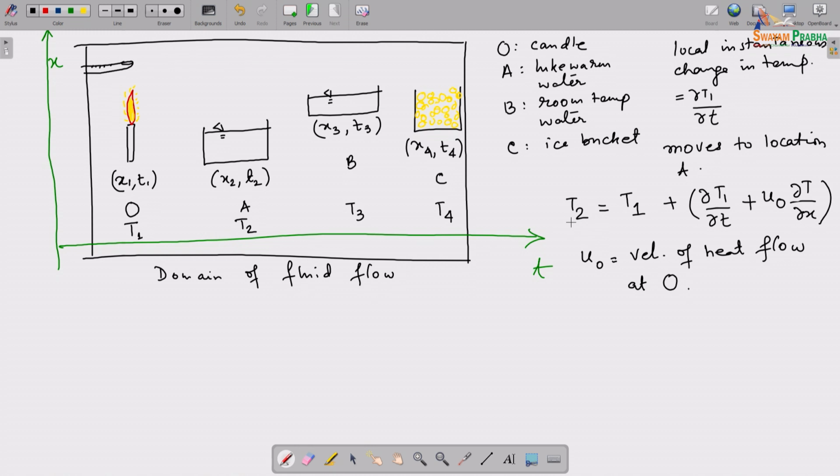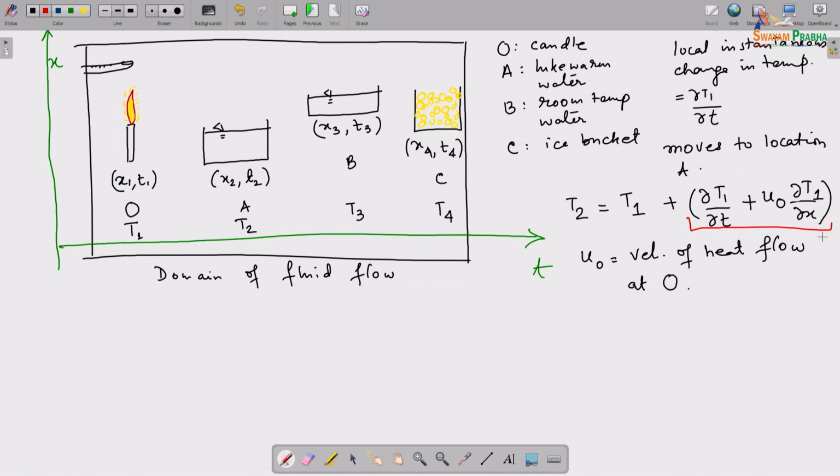Now if you look at this term here, this is essentially nothing but the total derivative of the temperature. This is T1 again, sorry about that.